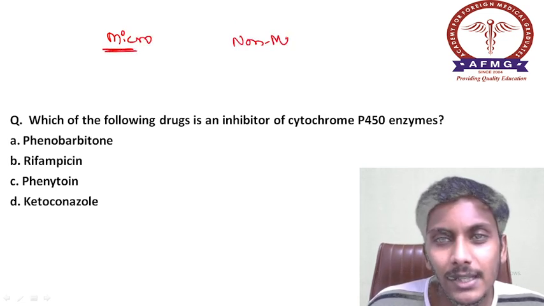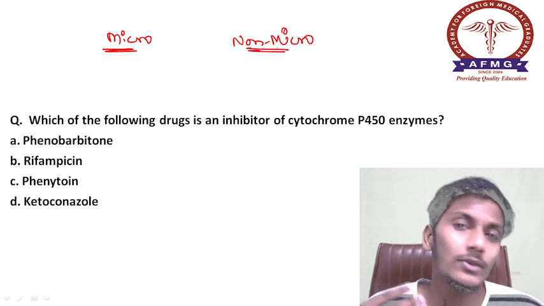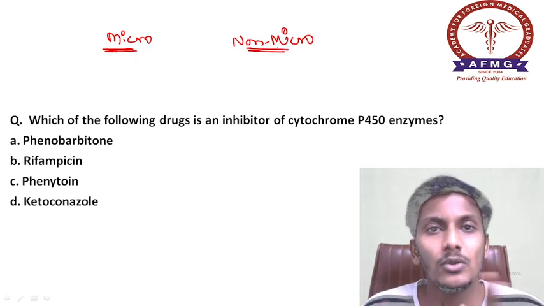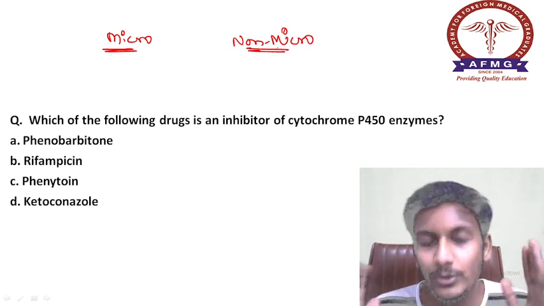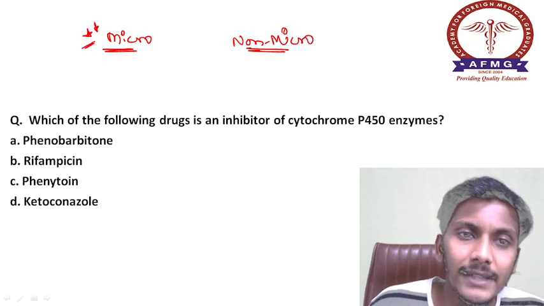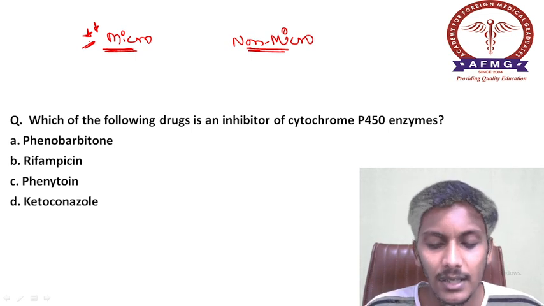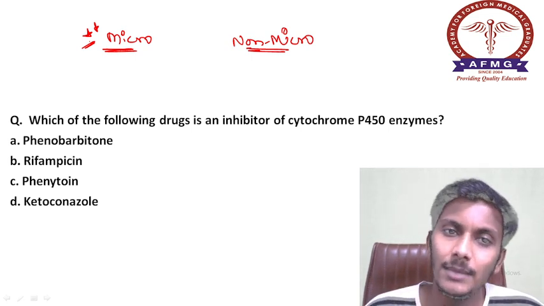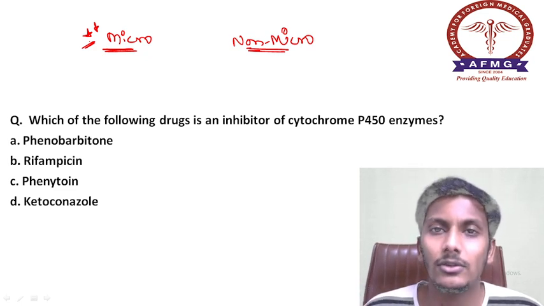Microsomal enzymes are the enzymes present in the endoplasmic reticulum, and those apart from that are known as non-microsomal enzymes. Only and only microsomal enzymes can either be inhibited or stimulated. Activation or inhibition is seen only with microsomal enzymes, not with non-microsomal enzymes.